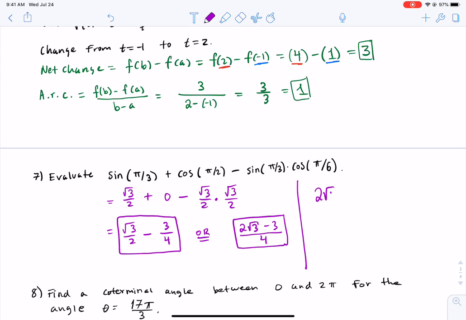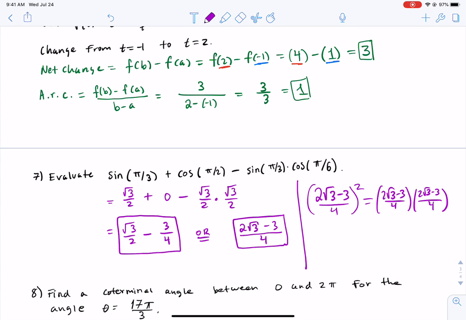If you square the whole thing, 2 square root of 3 minus 3 divided by 4, you have to multiply this by itself. So this will be 2 square root of 3 minus 3 over 4 times 2 square root of 3 minus 3 over 4, and you have to distribute things out. But you gave me an answer and that's not right.